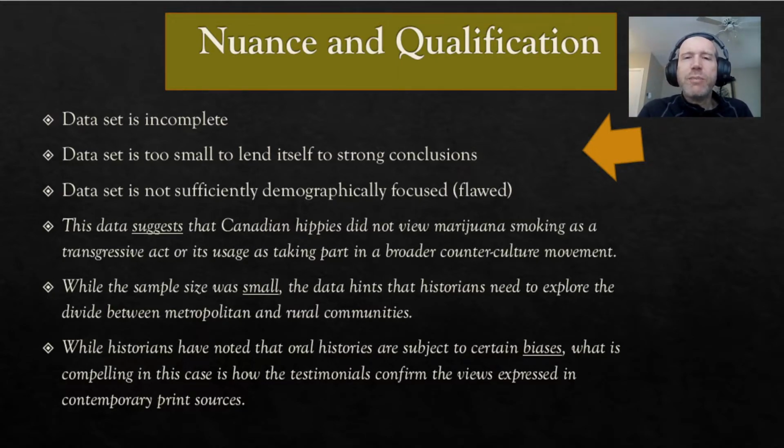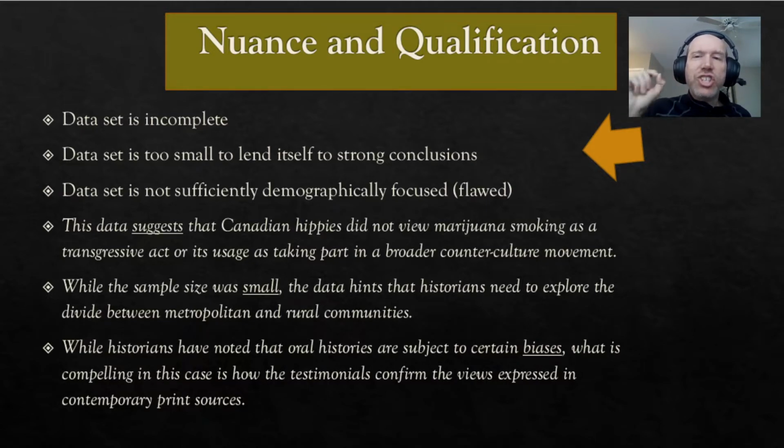So I'm going to provide you some examples of these types of qualifying sentences, expressing nuance or providing room so that you're not saying, well, this is the gospel truth. I mean, this is what I came to after looking at all the evidence, but there's still some uncertainty there.